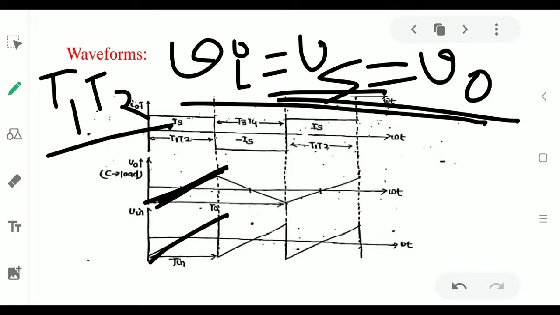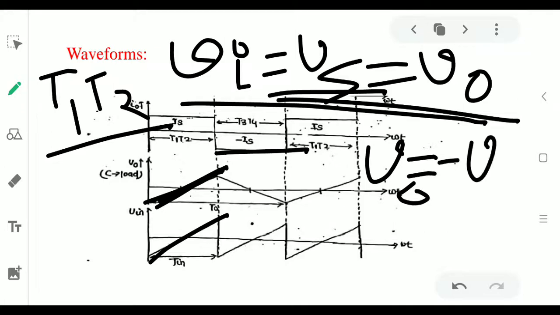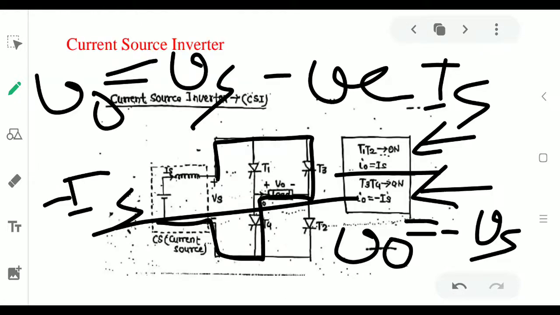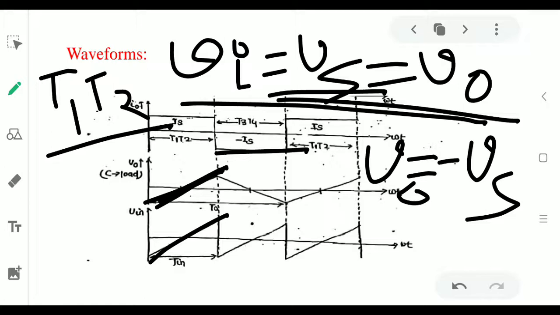Now what will happen when T3 and T4 are on? During T3 and T4, V0 was the negative of input voltage, minus Vs. Here we can see by the KVL equation that the input voltage is opposite to the output voltage during T3 and T4 operation.